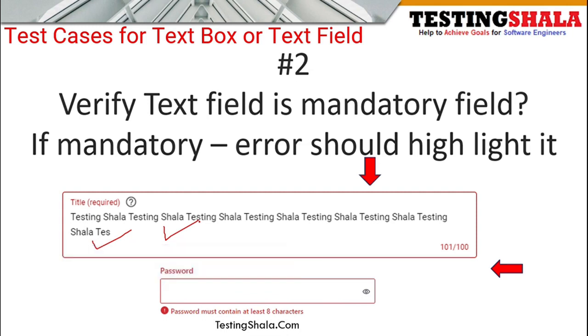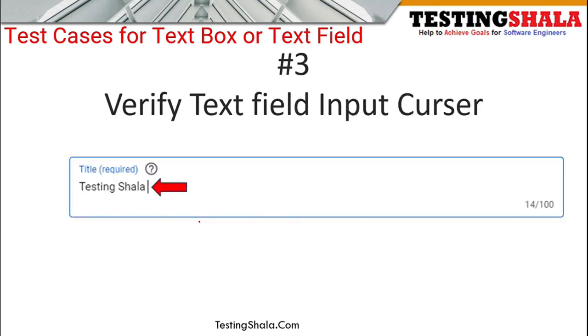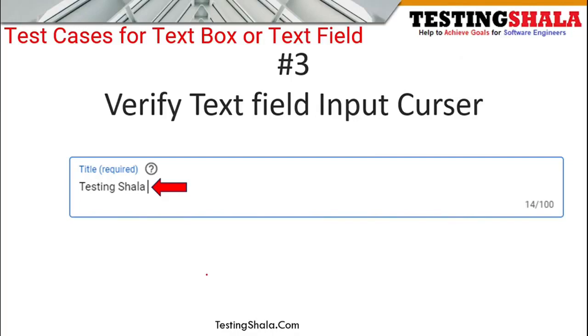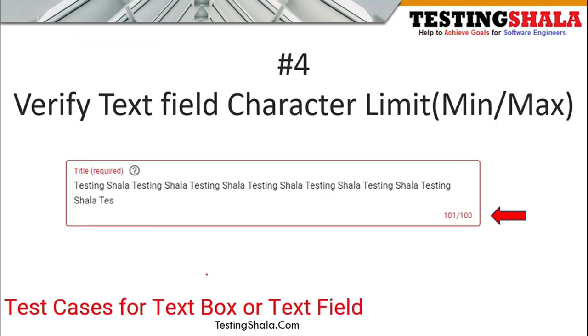The third test scenario is, in the text field or text box, whenever we are trying to enter text, a cursor should also be displayed whenever we are typing in the text field or a text box. Then the fourth test scenario you should write here is the limit of the text field or text box.